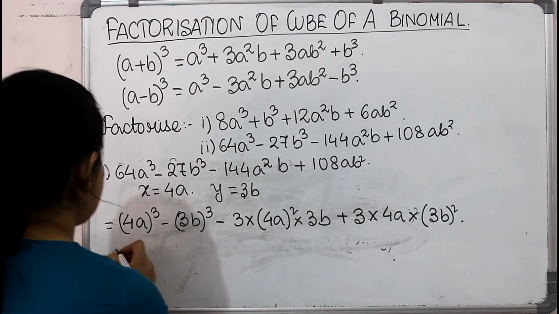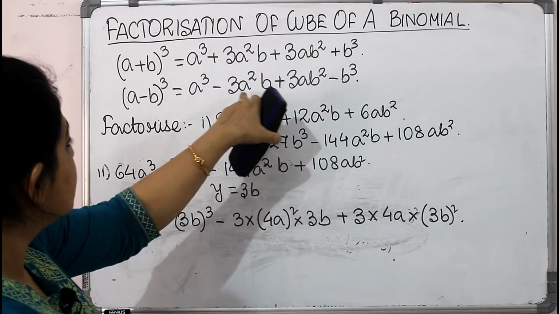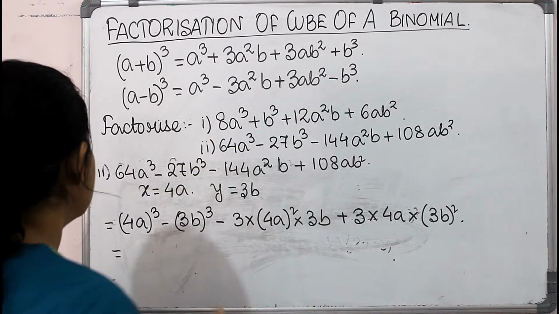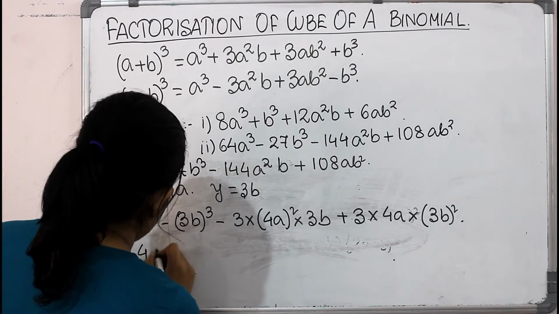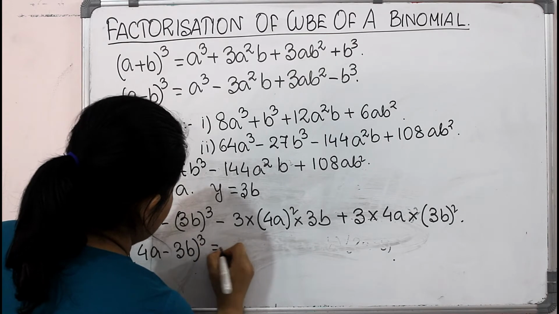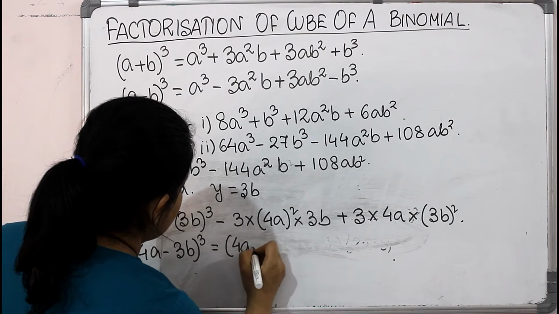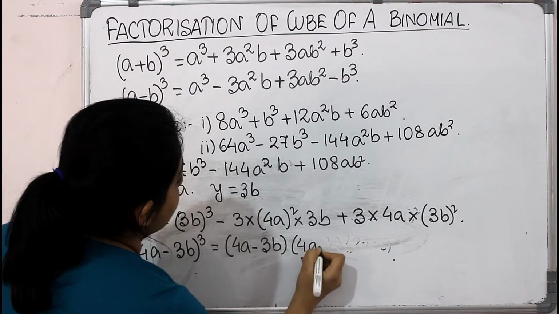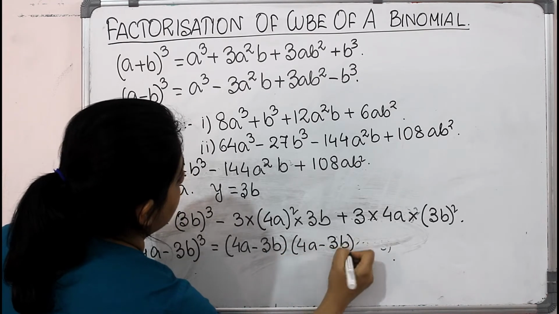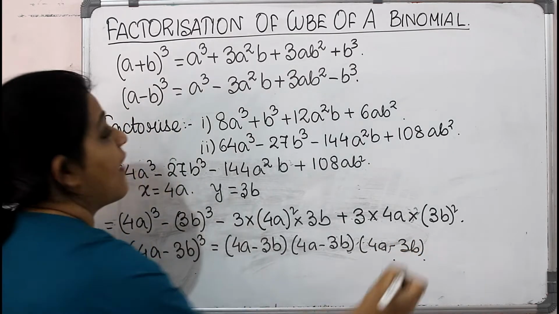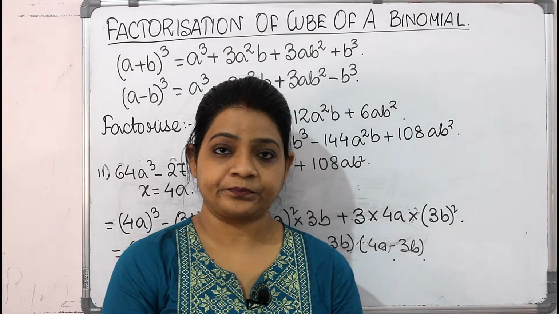Okay, so you are getting the expression, and this is perfectly according to the formula. So I will write (4a minus 3b) whole cube. That is, (4a minus 3b) into (4a minus 3b) into (4a minus 3b) is the final expression.